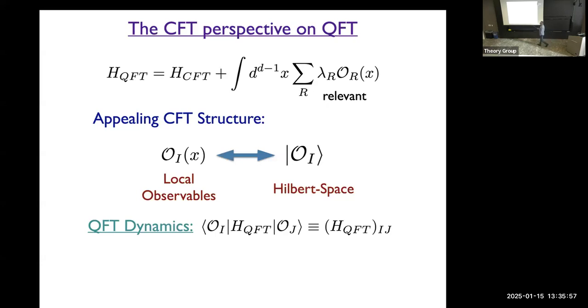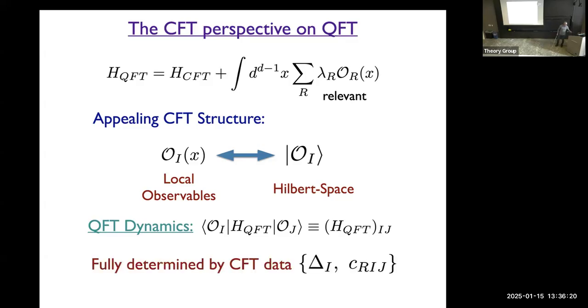The way one starts thinking about it is that the QFT dynamics is computed in this basis, the basis of states which are dual to local operators by the operator-state correspondence, and the matrix elements of the Hamiltonian in that basis can be computed entirely using the CFT data.